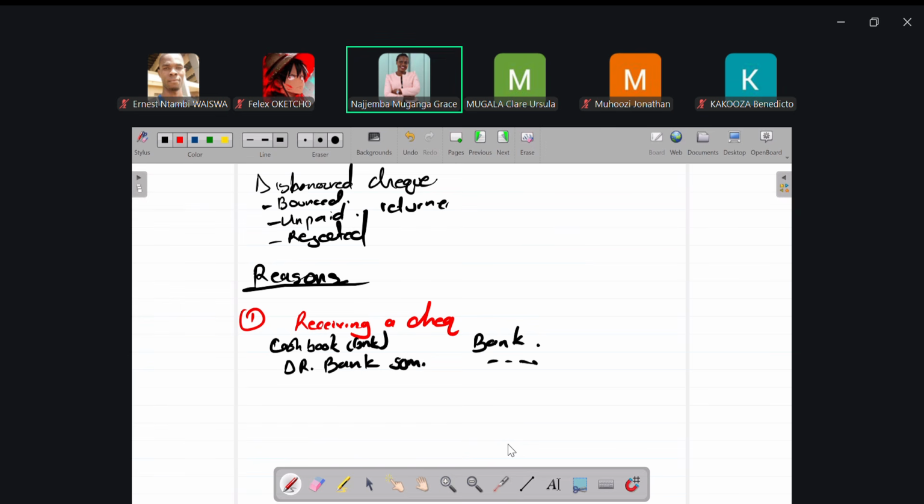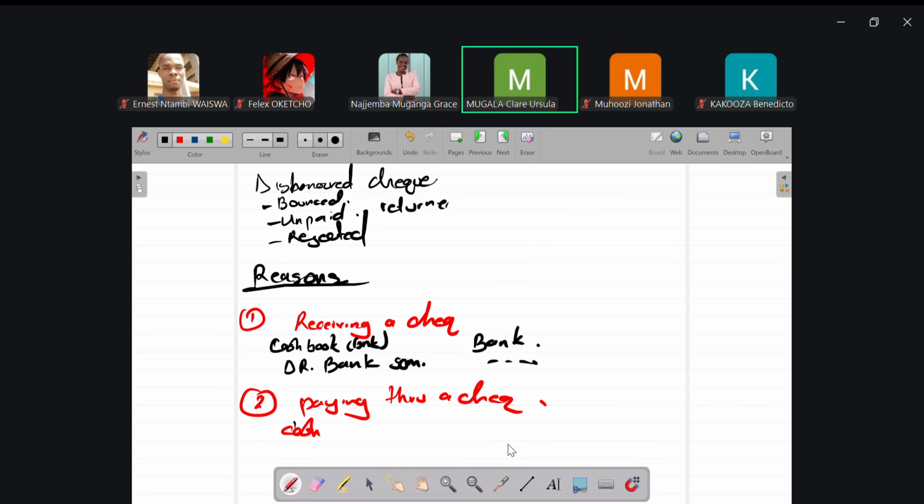Then the other scenario is where you're paying through a check. When you pay through a check, what do you do to the cash book? You credit the bank.